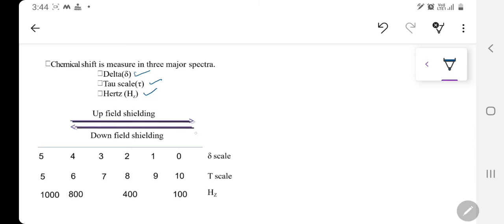From left to right, it is downfield, and from right to left it is upfield shielding. The delta value varies from 0 to 10, and in the tau scale it changes to 10 to 0.